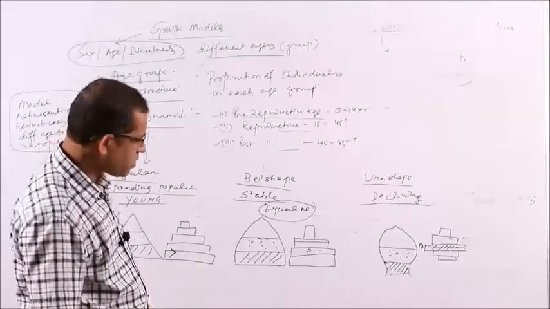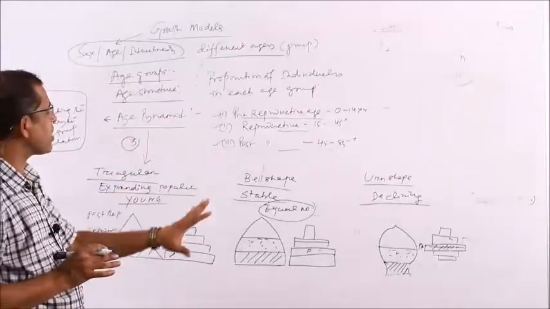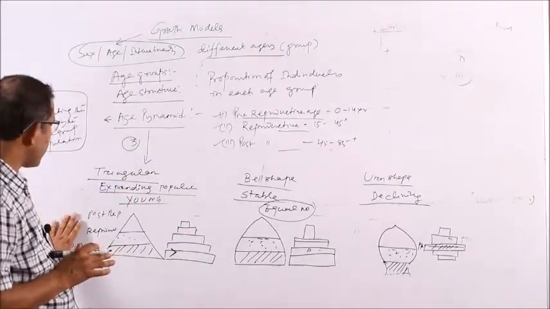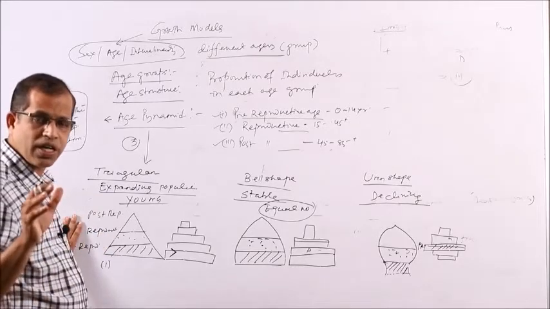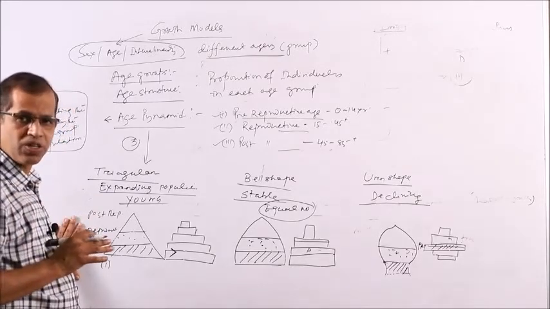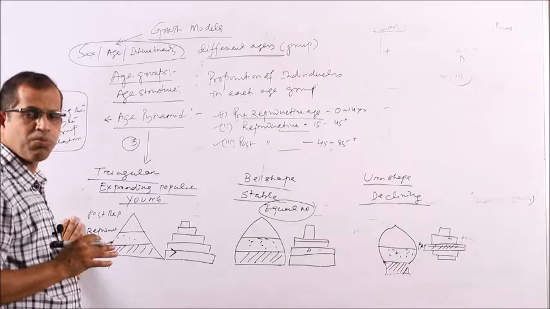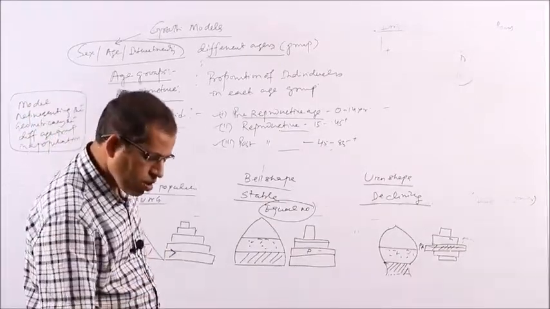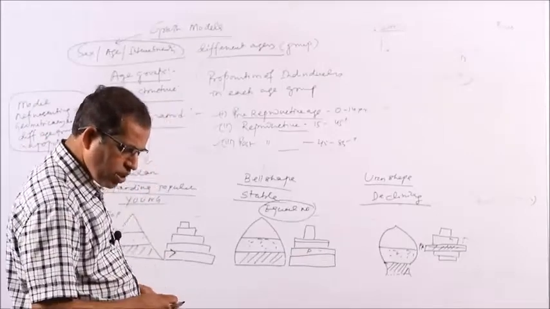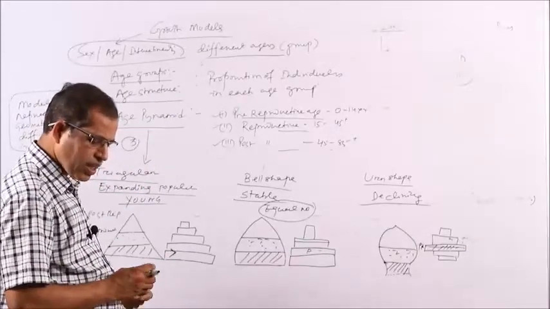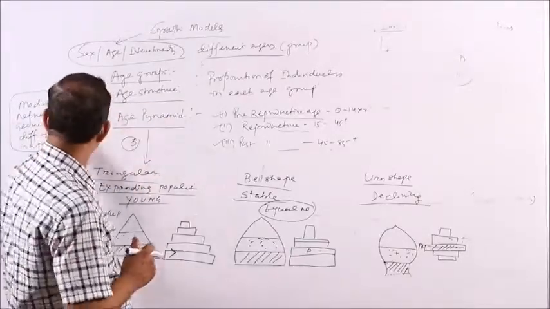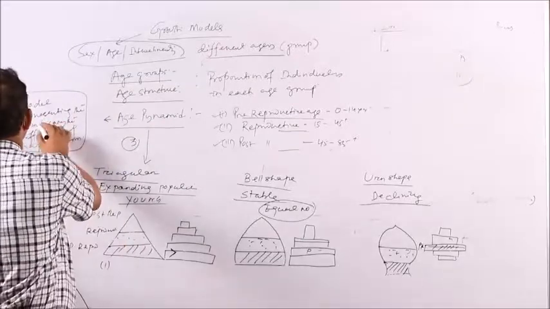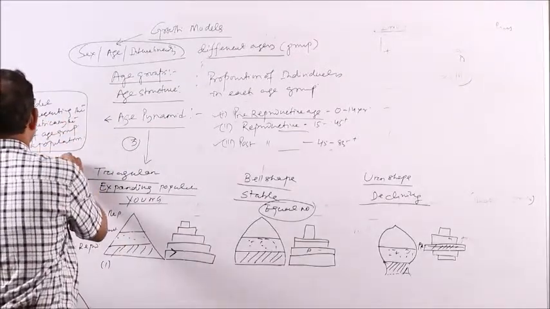Now, this diagram gives us an idea how the age group must be distributed for the growth of a population. That will give you a stable population for a community.